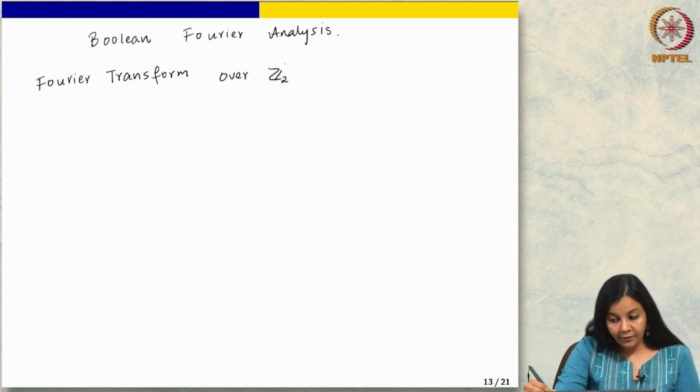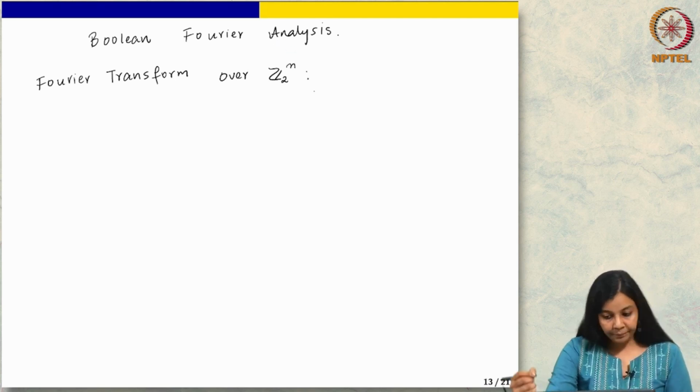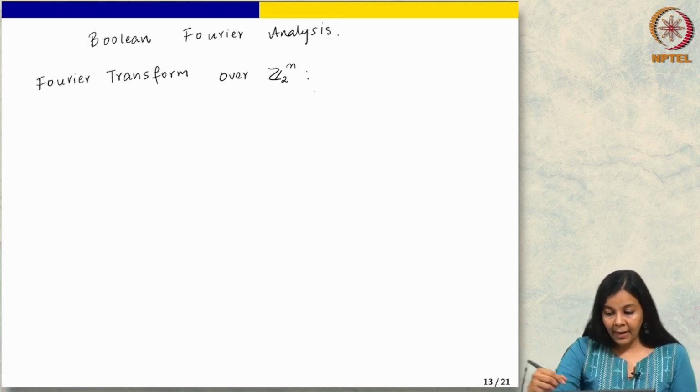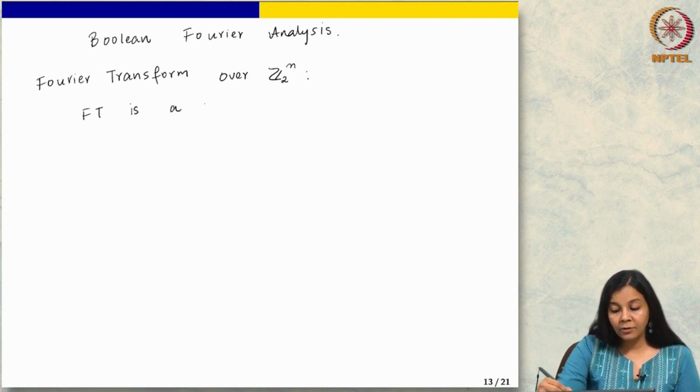First we will define it over Z_N. Remember that the Fourier transform is essentially a change of basis.